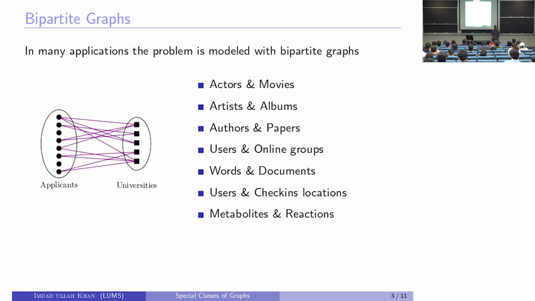There's no point in having an edge between movie X and movie Y. There's no point in having an edge between actor P and actor B, because an edge represents that this actor or actress is a cast member of, acted in, this movie, right? So it would not make any sense to have such an edge. So it's a naturally bipartite graph.